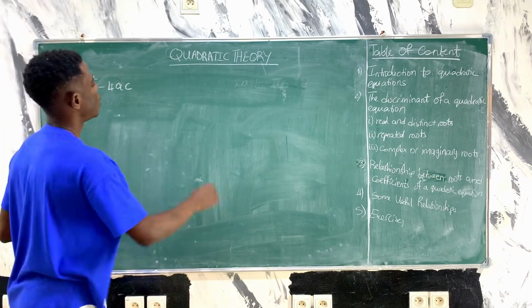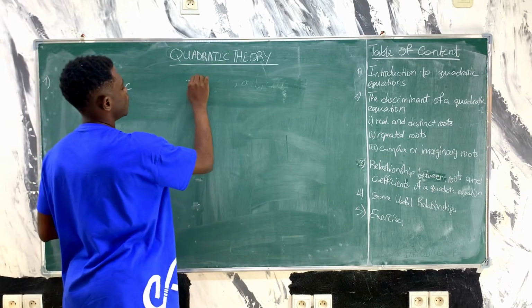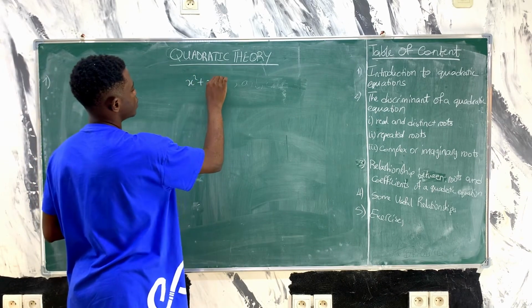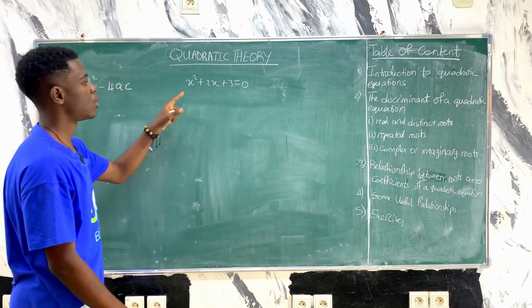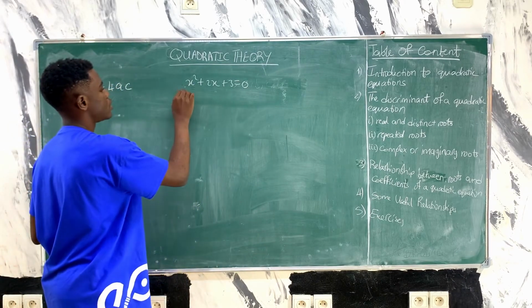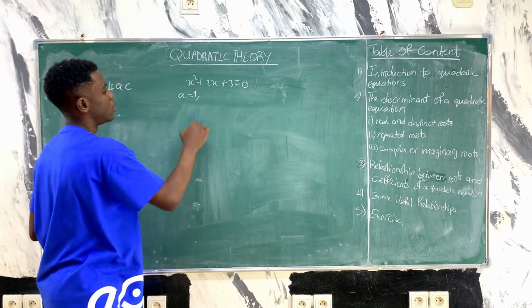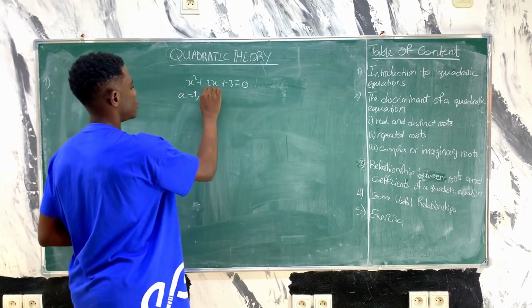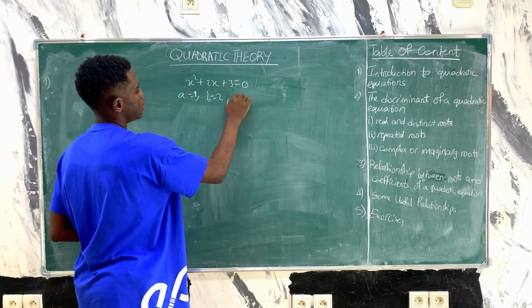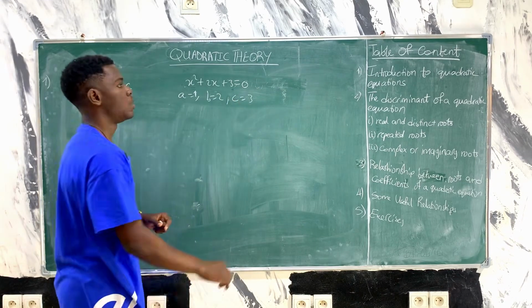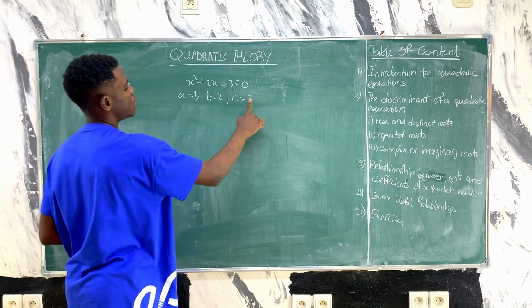So if you have an equation like x squared plus 2x plus 3 equals 0, the coefficient of x squared is a. In this case, a equals 1. The coefficient of x is b. In this case, b equals 2. And the third is c, which is 3. If this was minus 3, c would have been minus 3.